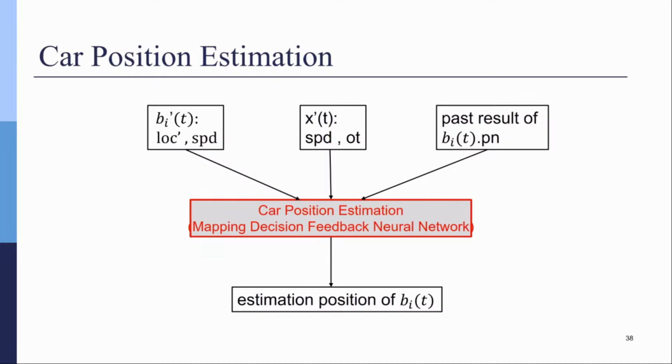Here we illustrate the concept of our car position estimation method MDFNN. The input of the MDFNN includes the location and speed information inside packet BI, vehicle X speed and orientation, and the past positioning result of packet BI.